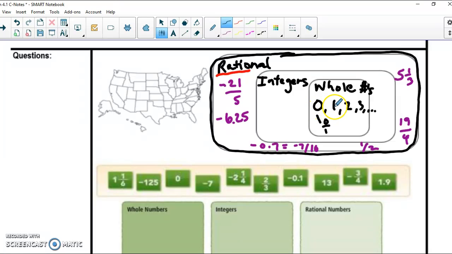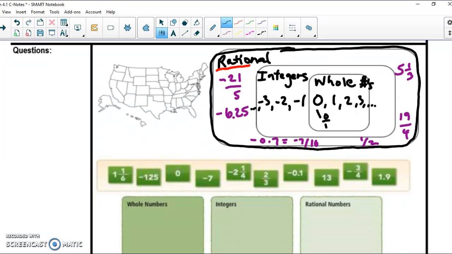So the opposite of 1 is -1. The opposite of 2 is -2. The opposite of 3 is -3, and so on. So all of these numbers, integers, whole numbers, these are all different kinds of rational numbers because they can all be written as a fraction.